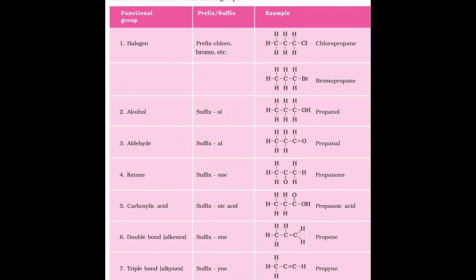If bromine is present, we'll write bromo. If iodine is there, we'll write iodo. So here 3 carbon is present, so again the alkane becomes propane, and the functional group is chlorine, so it becomes chloropropane. For bromo, it becomes bromopropane. So this becomes the nomenclature part.